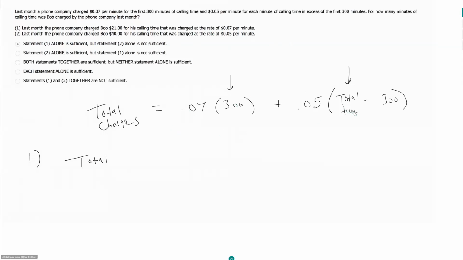So he could have had 0 time in excess of his 300, or he could have had 200 minutes. So this will be insufficient, and this doesn't really tell us much. Let's call this T.